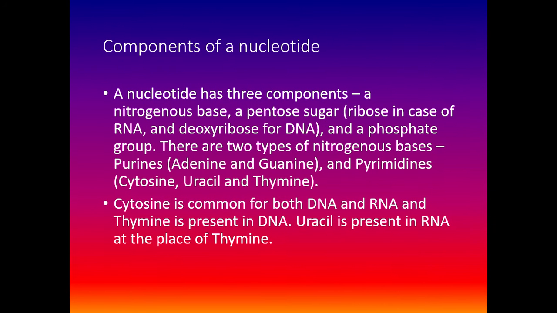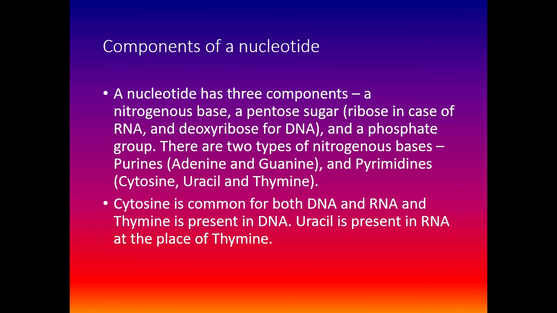Then we have components of a nucleotide. A nucleotide has three components: a nitrogenous base, a pentose sugar, ribose in case of RNA and deoxyribose for DNA, and a phosphate group. There are two types of nitrogenous bases.